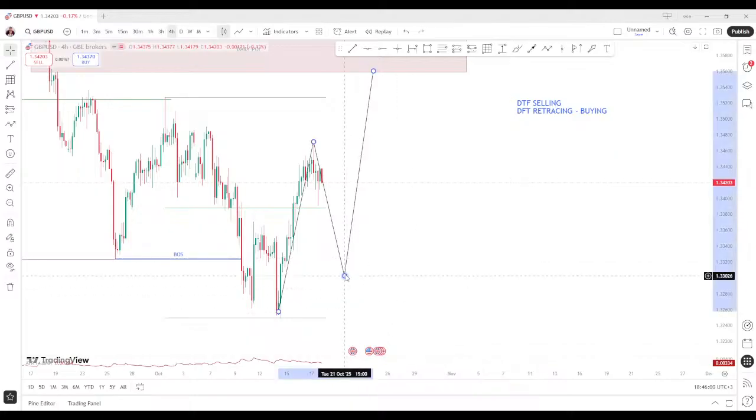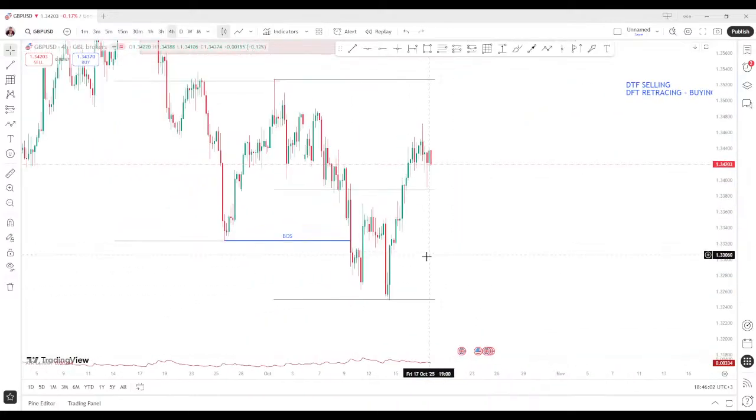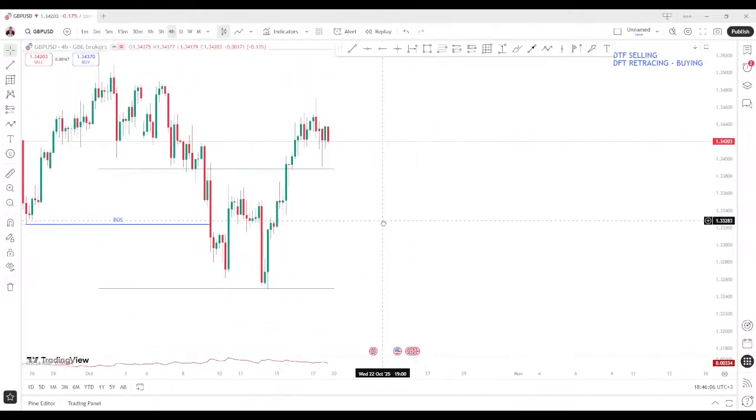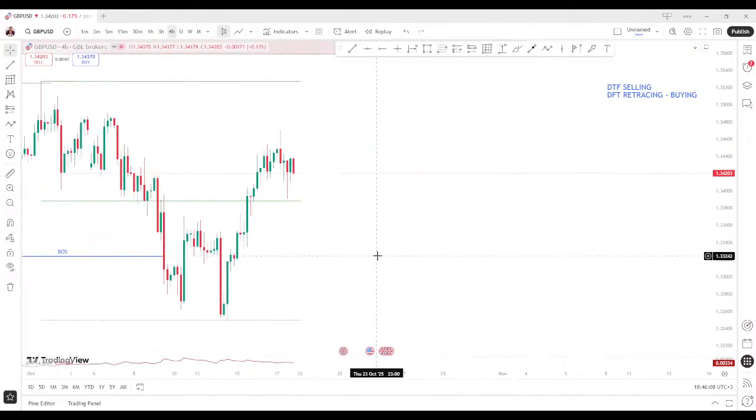So in our 4 hours, let us try to look for a POI.